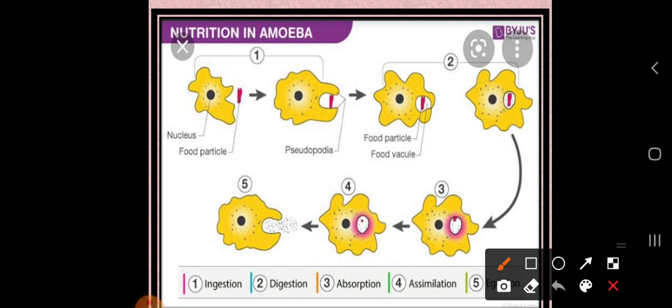If some organism or food particle is in front of the amoeba, how will the amoeba take this food particle? With the help of pseudopodia. The pseudopodia capture the food particle, and later this food particle enters into the vacuole, or you can call it the food vacuole.